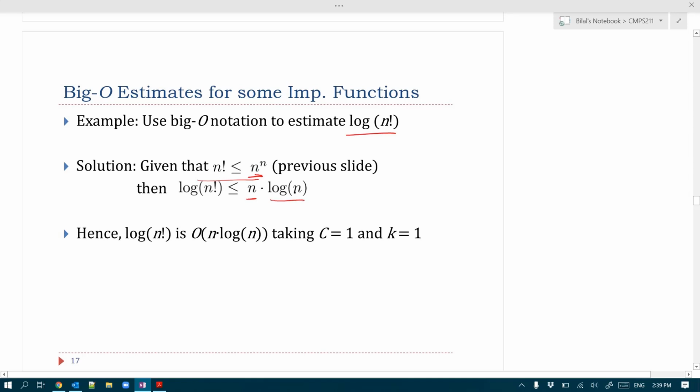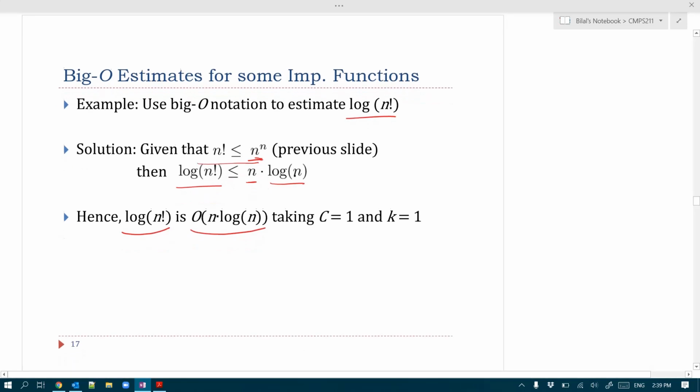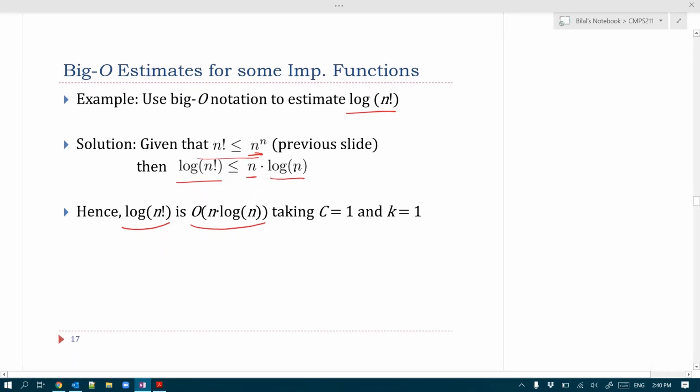So the log of factorial of n is less than or equal to n times log of n. It means that the function log of factorial of n is big O of n times log of n. These are really useful facts that you may use in other proofs of other functions.